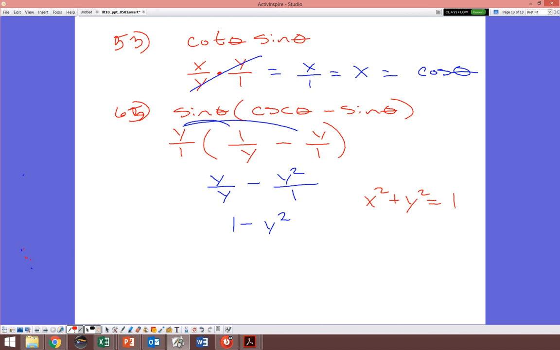Can I move this around to match this? Yes. So what would I do to get this? It's just 1, subtract y squared. So x squared is equal to 1 minus y squared, right? I move this around to try and match this.